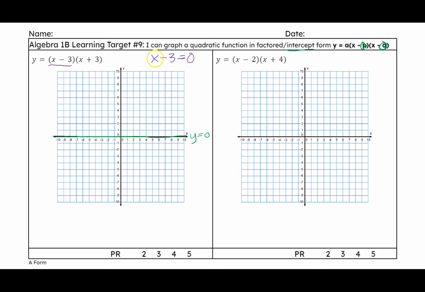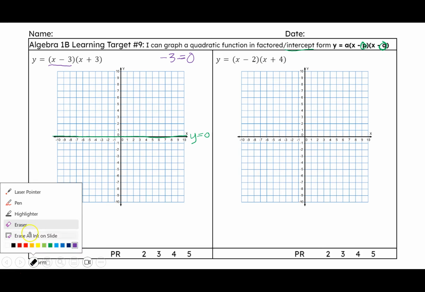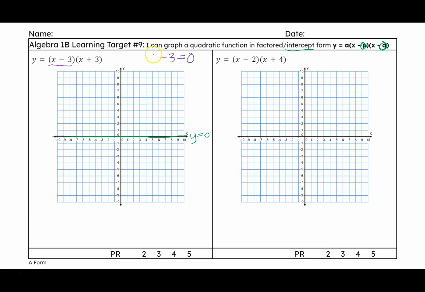That would be positive 3. 3 take away 3 will equal 0. So now I know what x needs to be. It needs to be 3. So this is one of my x-intercepts at 3.